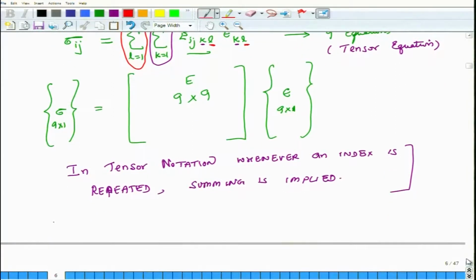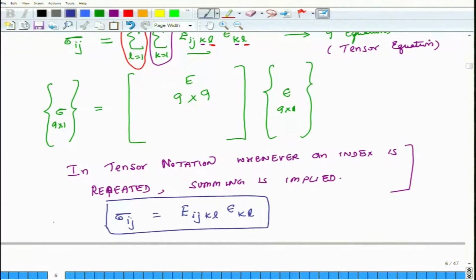So, we do not need this explicit symbol for addition also. For this reason we can simplify, because that makes things simpler and easier to manage, for management purposes only. So, sigma ij is equal to Eijkl epsilon kl, and these indices are repeated.